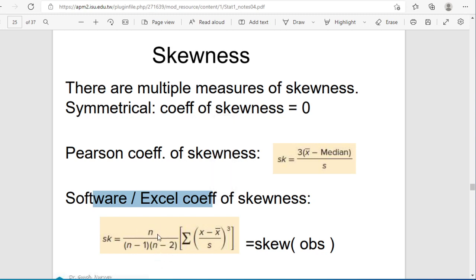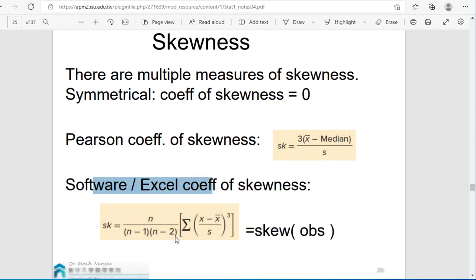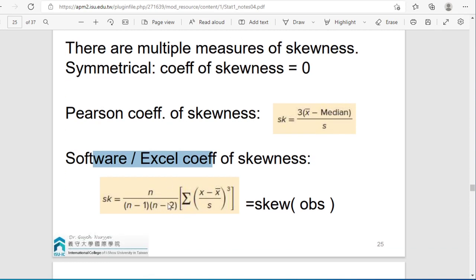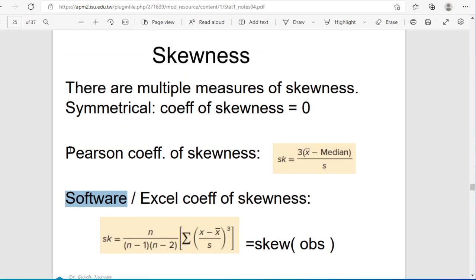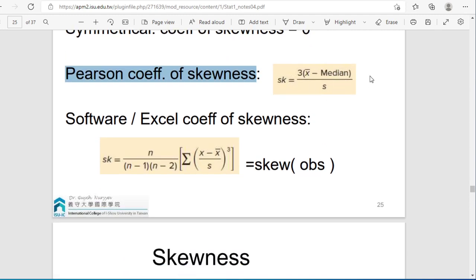You don't really need to take note of this lower formula at the bottom, because if you simply hit equals, SKEW, open the brackets and enter all the observations into the formula, Excel will give you the software answer to the coefficient of skewness. But if your exams require calculating the Pearson coefficient of skewness, you do need to take a note of this formula over here at the upper right.